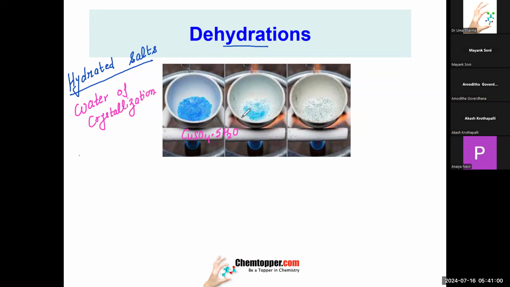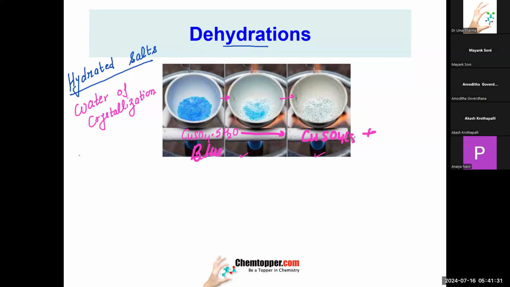So when you are heating, can you see you are heating it? Heat, you can see here. When you are heating it, what is happening to the color? It's decolorized because this CuSO4 5H2O is blue in color. After heating, it is converted into copper sulfate and water is evaporated.